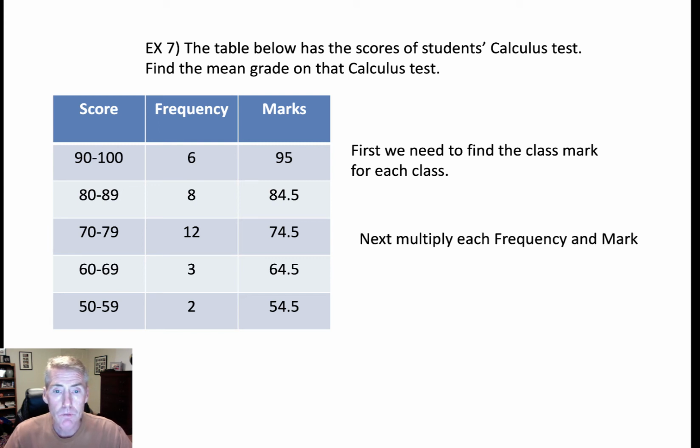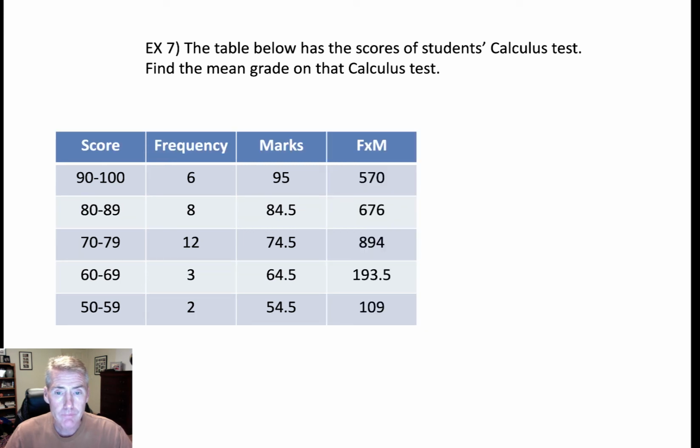Next, multiply those frequencies and the marks. Here, I just multiplied straight across, 570, multiply these two, etc. That's how many points were earned by each group, the A's, the B's, the C's, D's, etc.